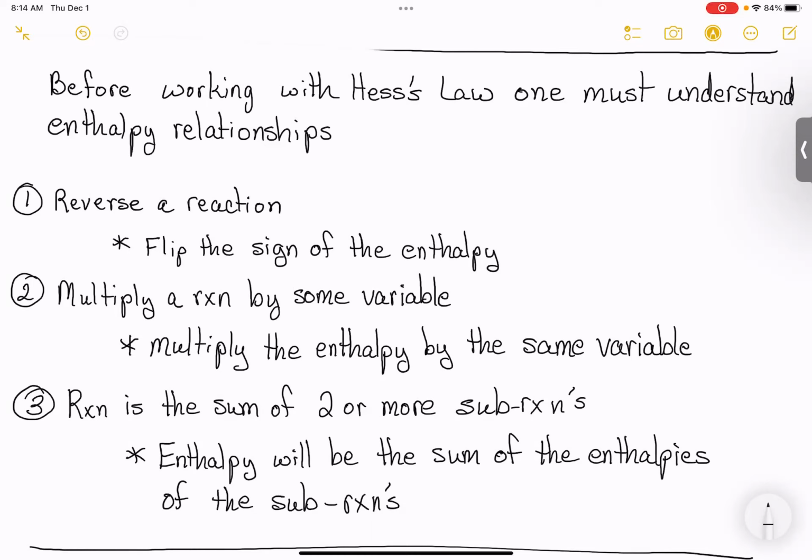And the last one really plays into Hess's law. And that is, if a reaction is the sum of 2 or more what I call subreactions, then the enthalpy of that reaction will also be the sum of those subreactions.